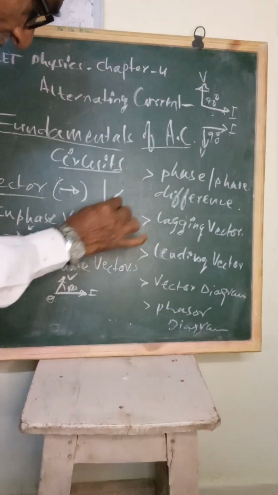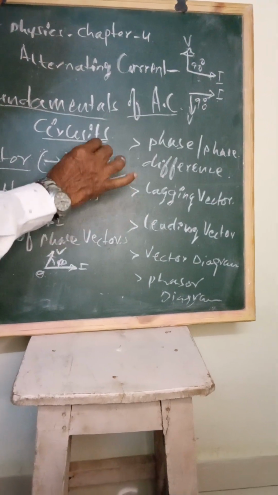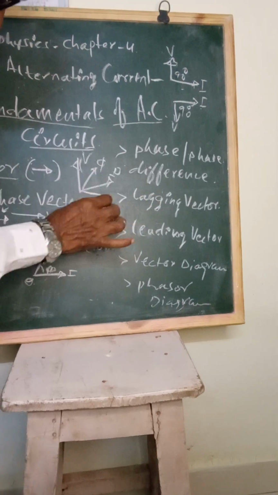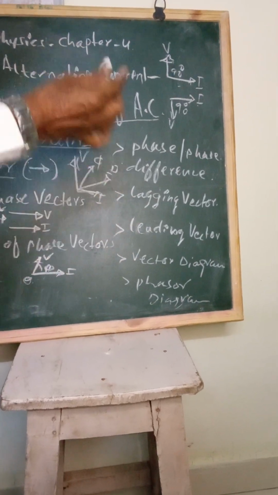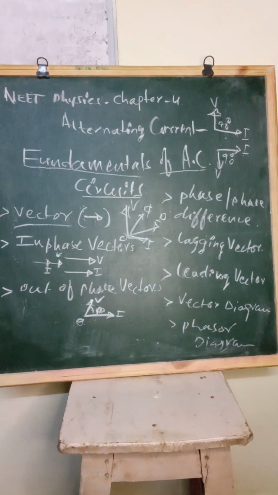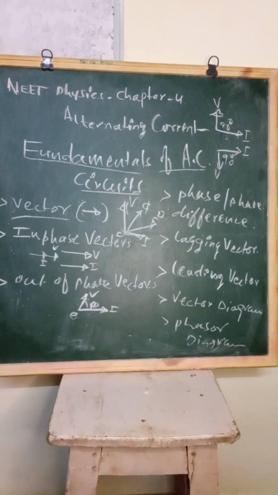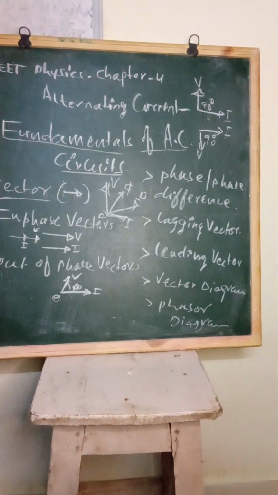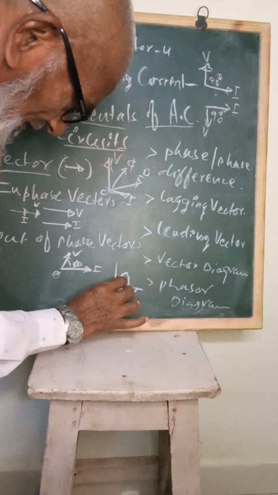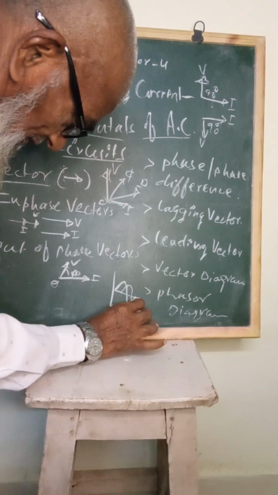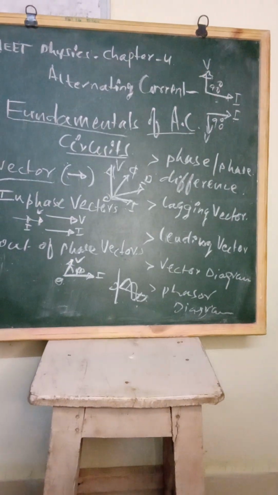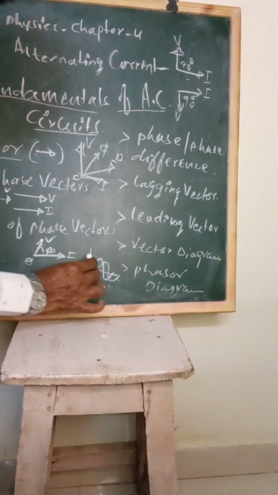For example, like this, a number of quantities are represented here: B, phi, P, I, etc. Such a figure is called a vector diagram, or otherwise a phasor diagram. Phase difference can also be represented like this. This is also a phasor diagram with voltage as well as current.